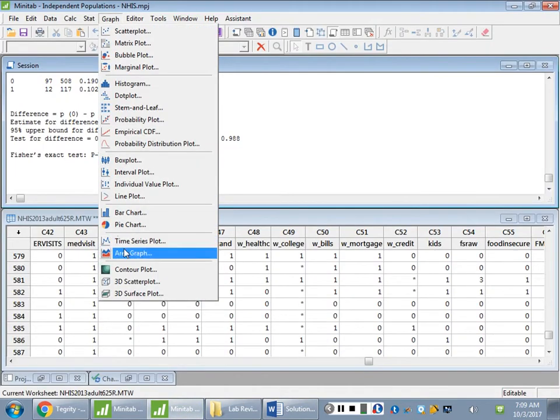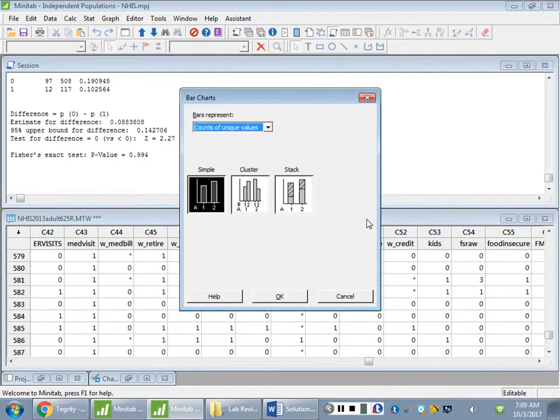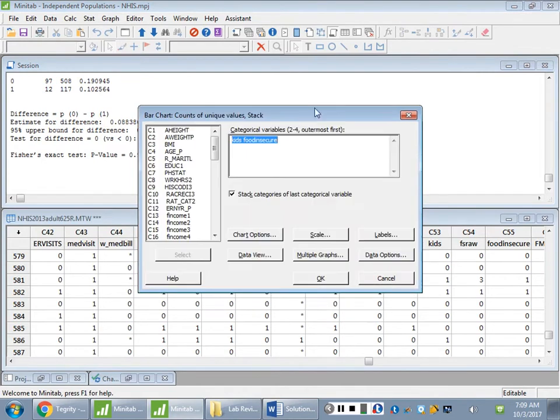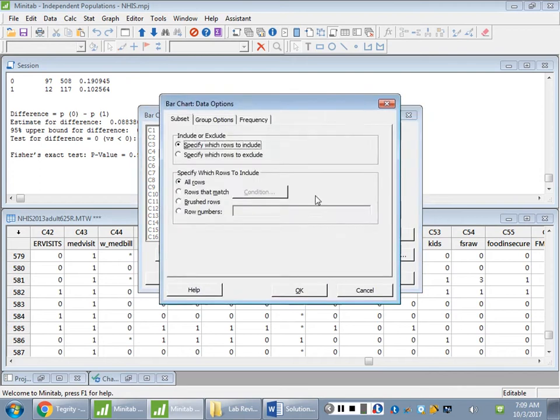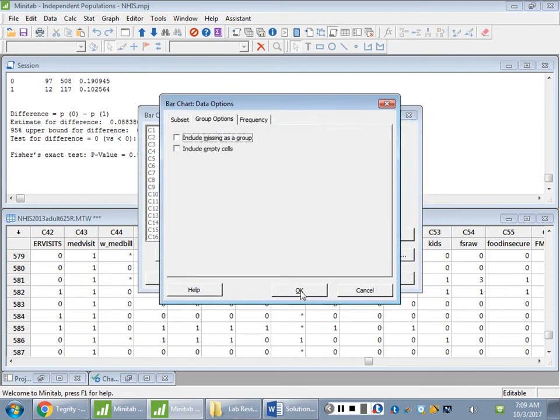Graph, stacked bar. You want to put the explanatory variable first. So in this case, we are comparing limiting health conditions, and we are looking at the response variable of uninsured. Chart options, we want to make sure we get percents within the categories, and we want to remove any missing data.